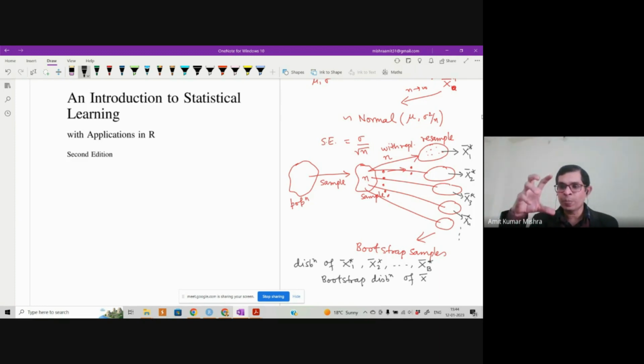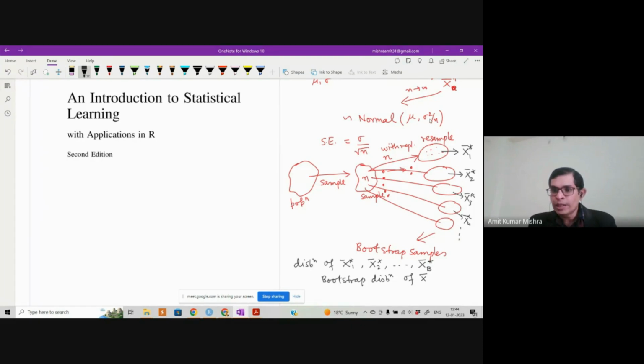So there is a simple difference from the original one. In the original one, we only take one sample from the original population. Then we take resamples from this original sample, and they are called bootstrap samples. And based upon bootstrap samples, we find our test statistic in which we are interested and related items.